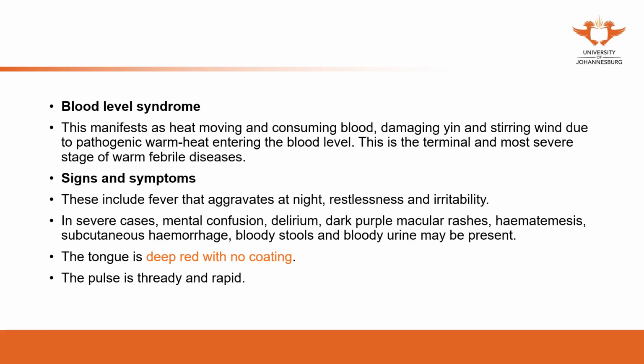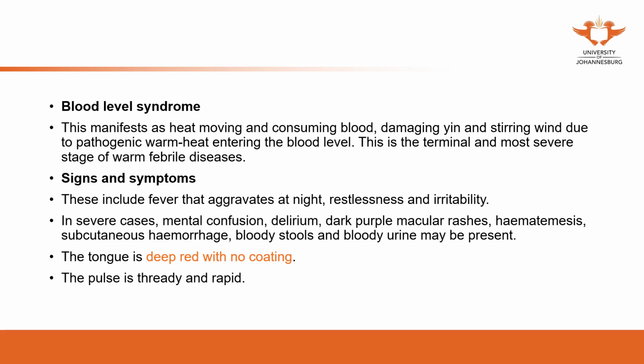And then if the pathogen is still not treated well, the disease may develop into a deeper syndrome, the blood level. When it develops into the blood level, the patient may also present with a deep red tongue with no coating.